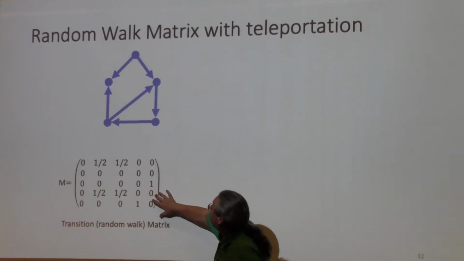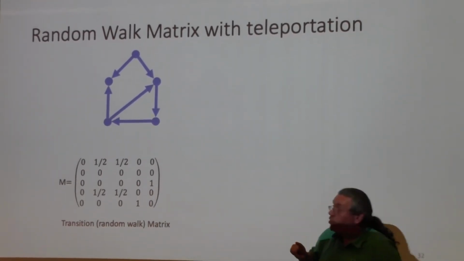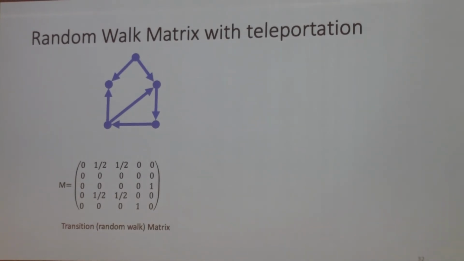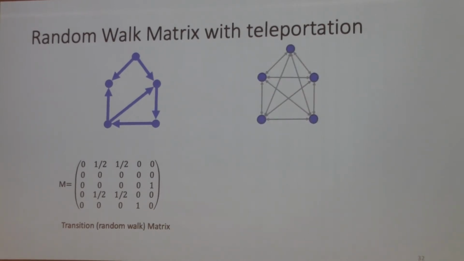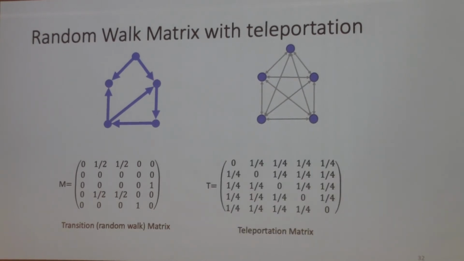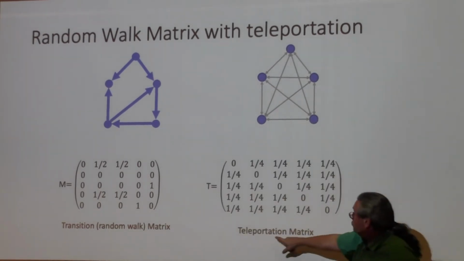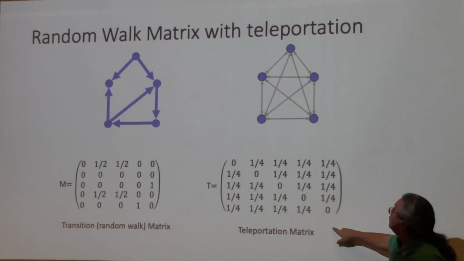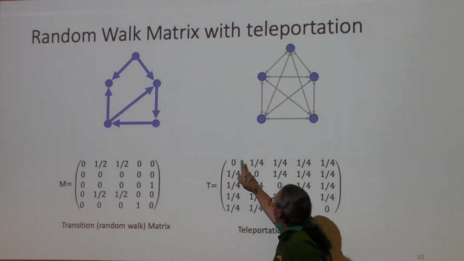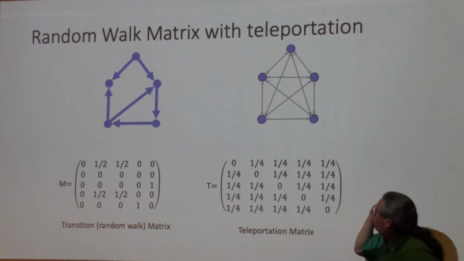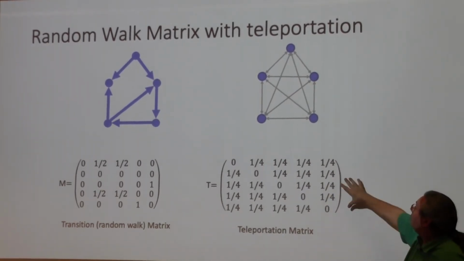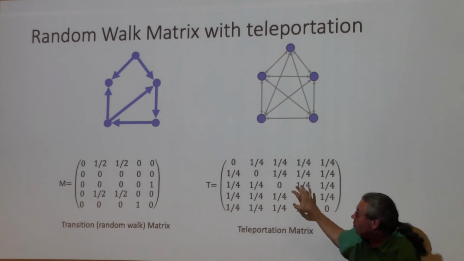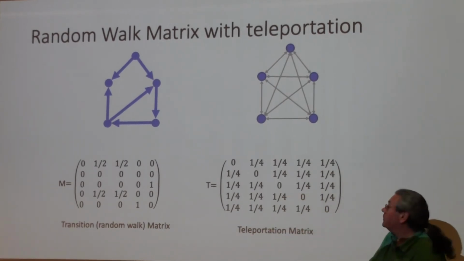This is the transition matrix of the original one, but we're going to compute a new transition matrix where we have the beta, the jumps. Here's our second graph with our jumps, which I'm going to call the teleportation matrix. If I'm in node 1, I jump to each of the other nodes with 1/4 probability. That's the teleportation. And now I'm going to add them up.